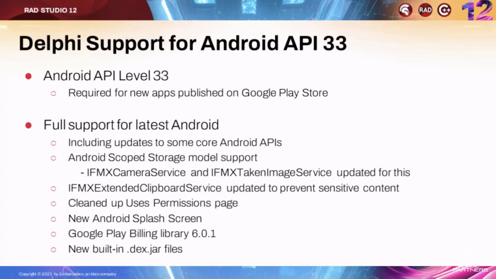So there are a number of fairly extensive changes for the Android platform that go beyond merely supporting the API level, and go into improving the integration with the most recent versions of the Android operating system.